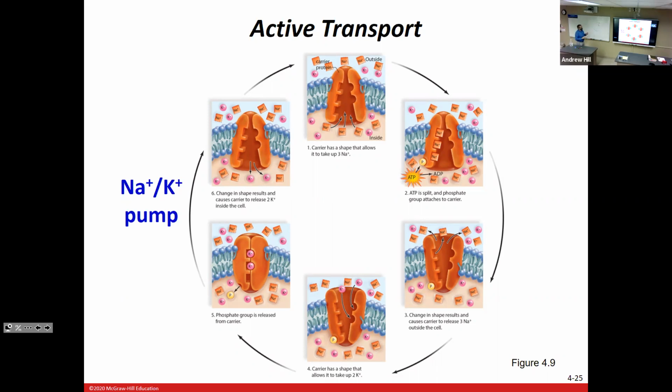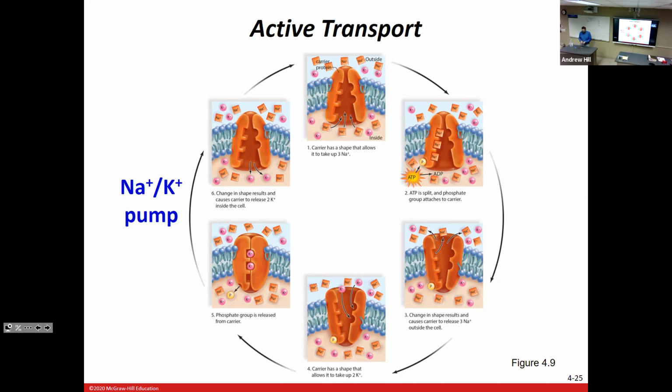And at the same time, for each cycle of the pump, it pumps sodium outside of your cells, okay? So there's a mnemonic to help you with this. You just have to remember the word pumpkin. Do you see where I'm going with this? Pump, right? Pump. K in, right? So that's what the sodium potassium pump, also called the sodium potassium ATPase, does.